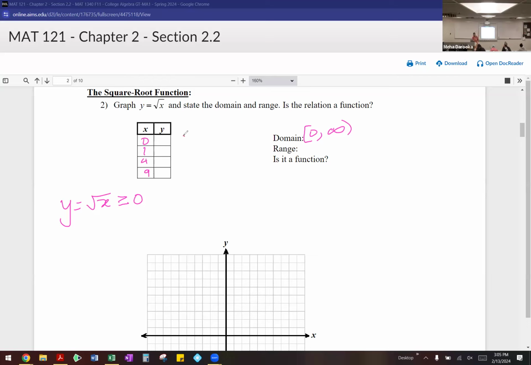So square root of 0 is 0, square root of 1 is 1, square root of 4 is 2, square root of 9 is 3. So you can use that as your ordered pairs. And you can see 0, 0 is at the origin. Then you have 1, 1; 4, 2; and 9, 3. So this is what your graph ends up looking like.